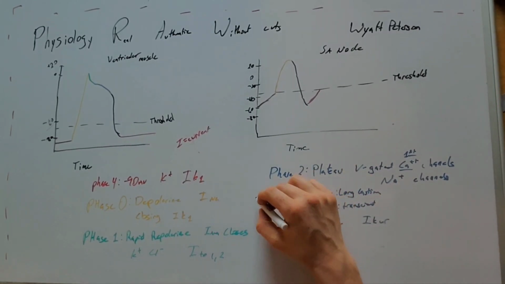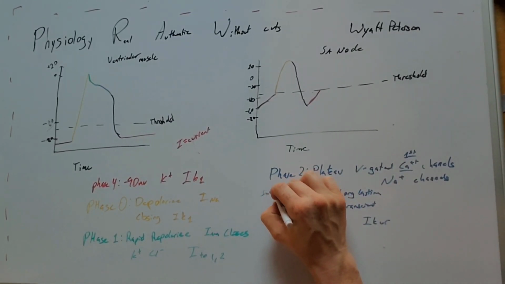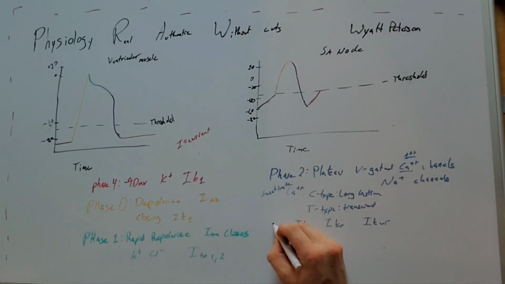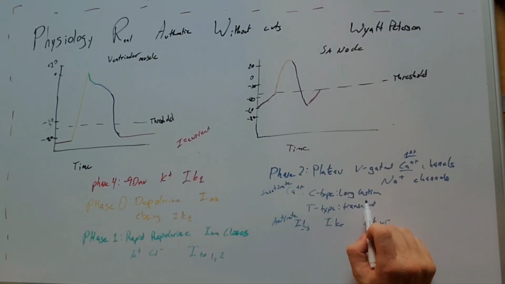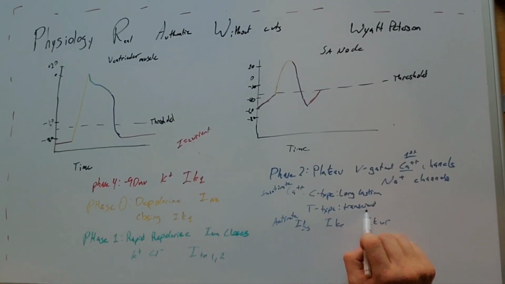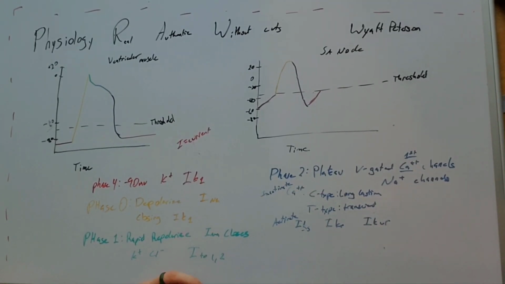So this is characterized by the inactivate, and then the activate. So these are long lasting because it takes a little bit for them to inactivate, and then these ones are a little bit faster in inactivating, and then these ones are reversed.